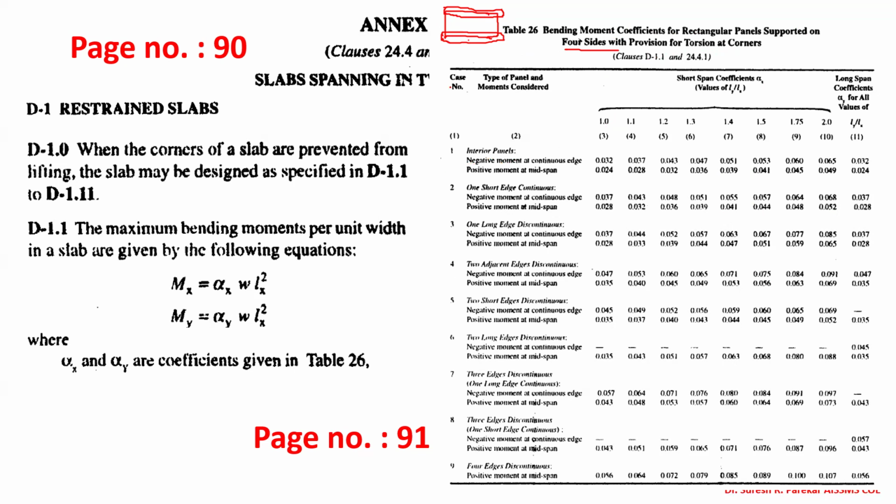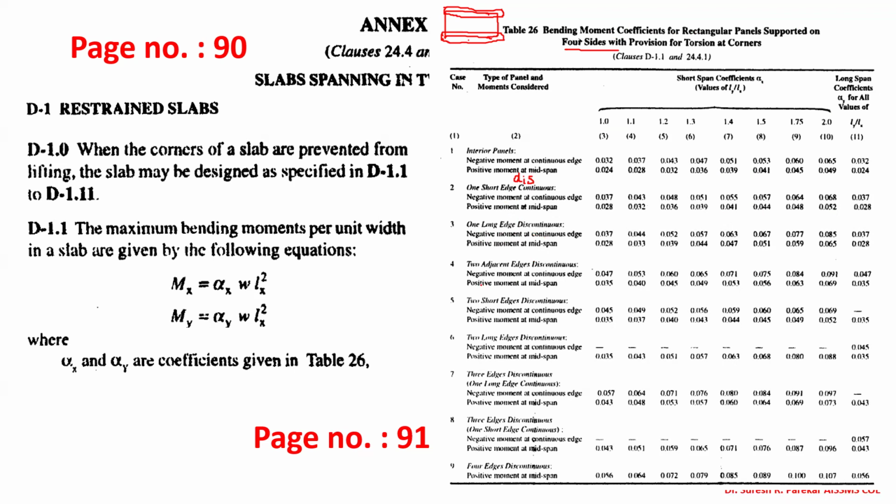Now you can see we have given 9 cases. In this, we have given interior one short edge continuous. Actually it should be one short edge discontinuous. That you have to keep in mind.